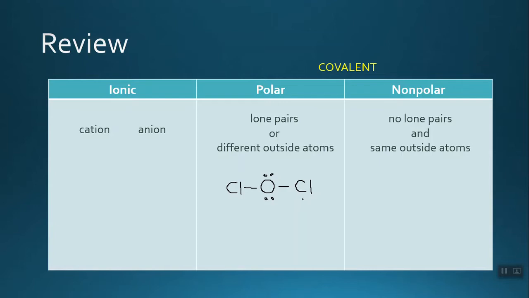Those are different outside atoms. That would also tell us that it's a polar molecule. Whereas nonpolar, it has no lone pairs, and it has the same outside atoms. For example, methane. Methane has 1 carbon and 4 hydrogens, and no lone pairs, and same outside atoms.